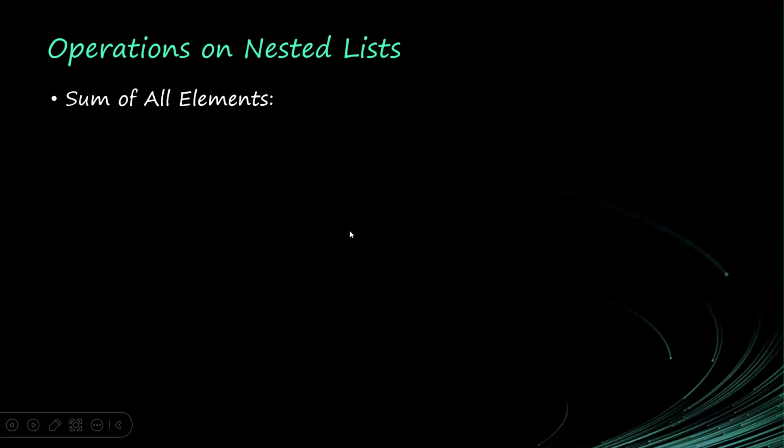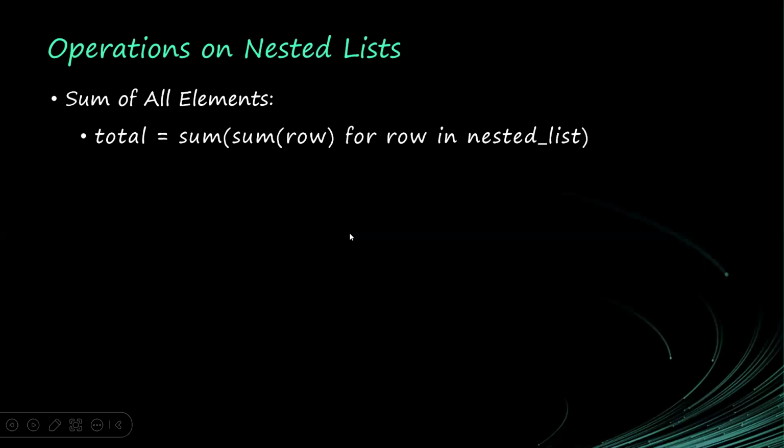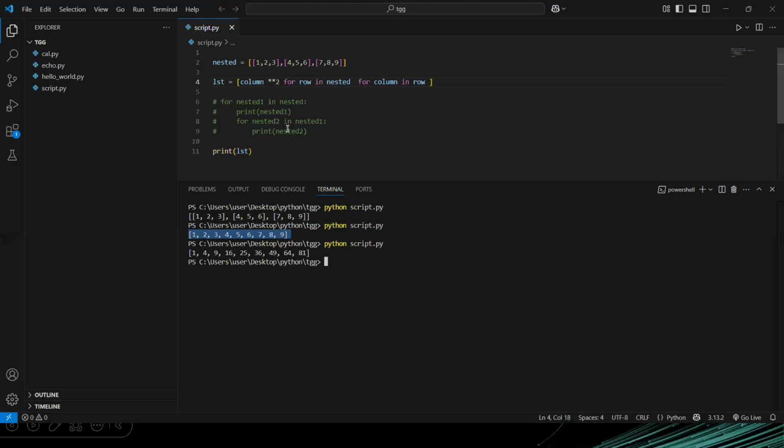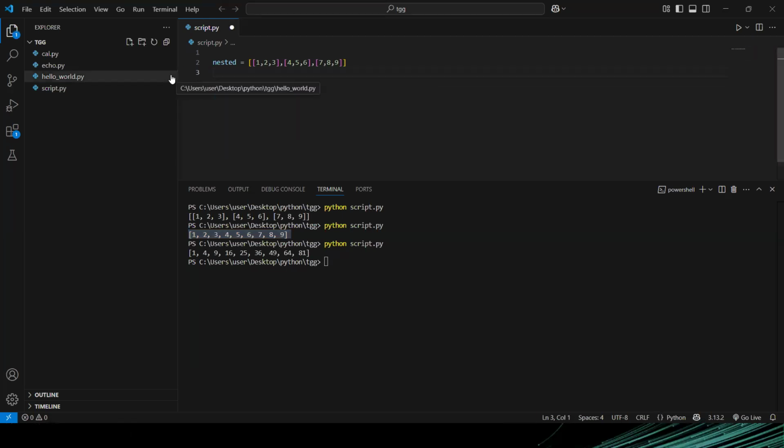So for operations in a nested list, you can do the sum of a nested list. This is the syntax too. When you do for row in nested list, you now do the sum and sum everything together. Like I said, just be careful with the syntax. Don't cram it.